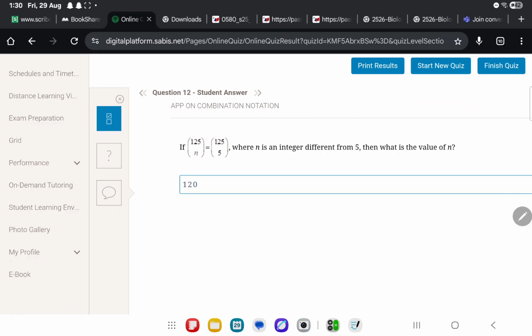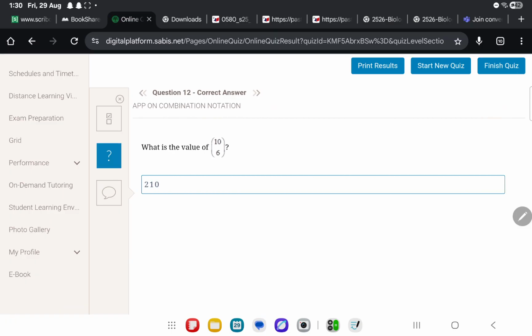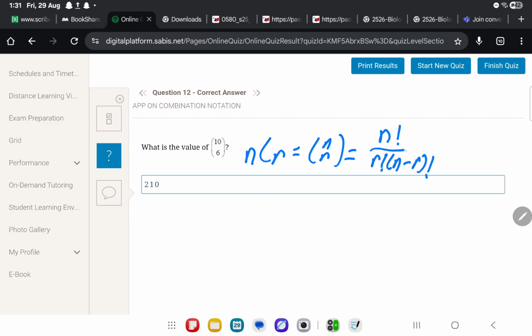Moving on. What is the value of 10C6? You do this one literally on a calculator, makes your life very easy. But again, you can recall the formula: nCr is equal to n factorial over r factorial into n minus r factorial. Doing this by hand is going to give you 10 factorial over 6 factorial, 10 minus 6, I'm going to do it in one step, 4 factorial.